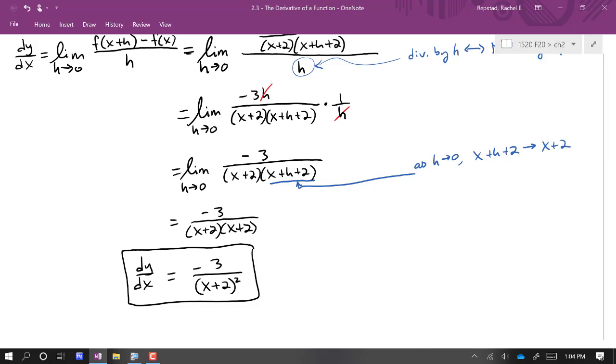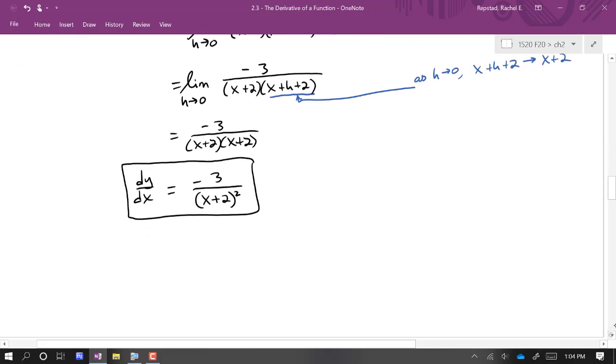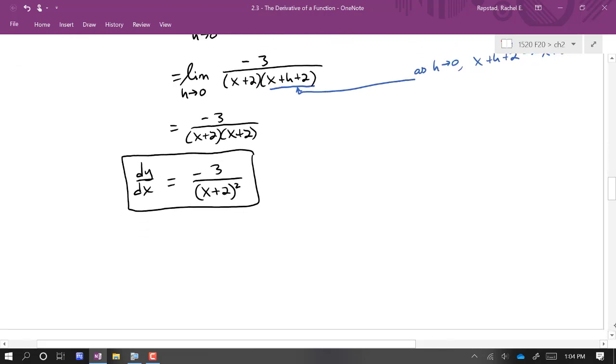Now, just a little bit of notation. When we evaluate when x is equal to 1, using the dy/dx notation, the way we indicate that we're going to evaluate this at a particular value is we draw this little vertical line, and then down here as a subscript, you write x equals, and in this case it's x equals 1. So I'm replacing x with 1.